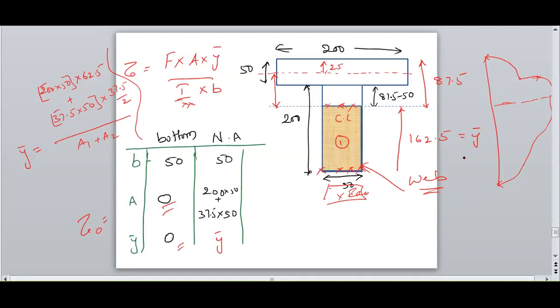So these are the typical problems in this chapter.